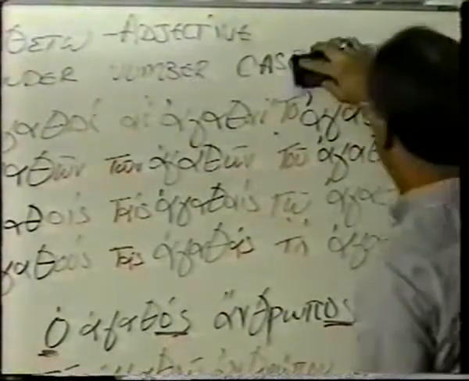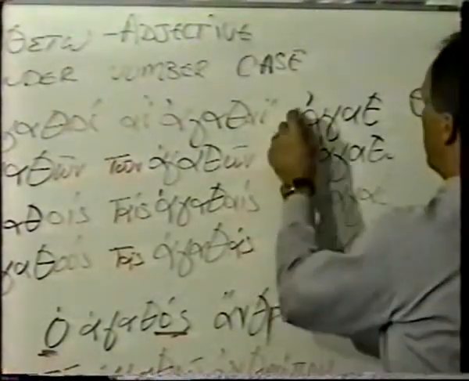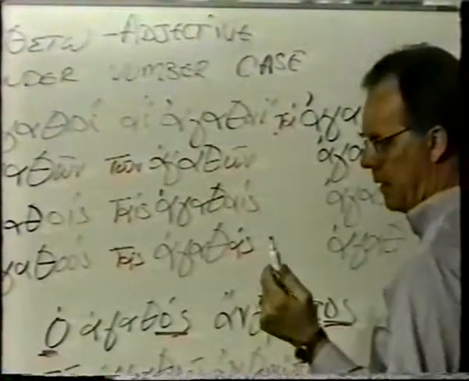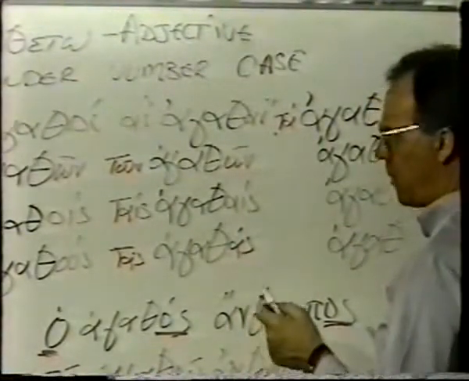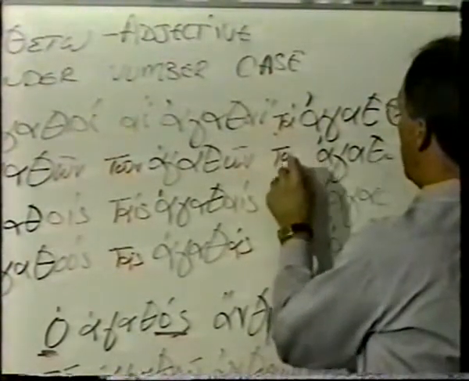The neuter, like the others, also changes. It goes from to agatho. It becomes ta agatha. In the next one, it goes from to ton.